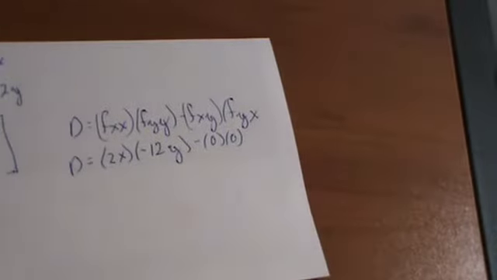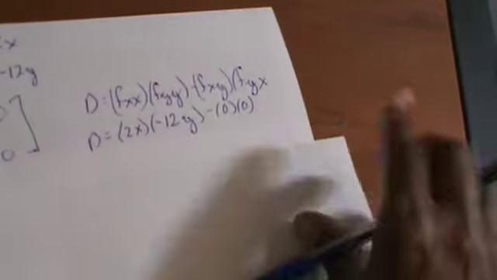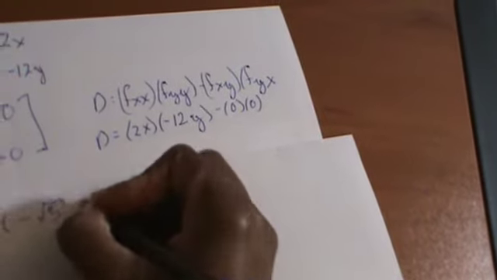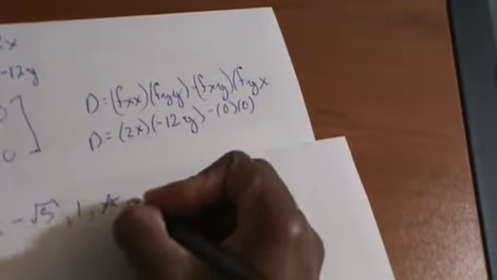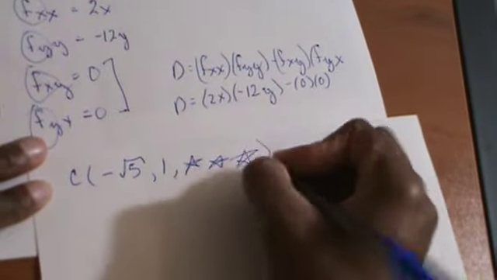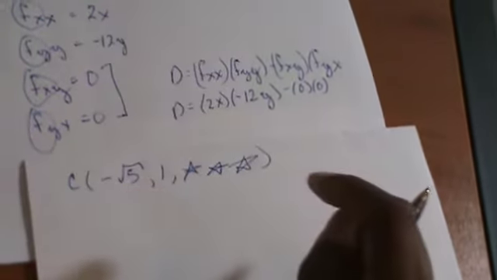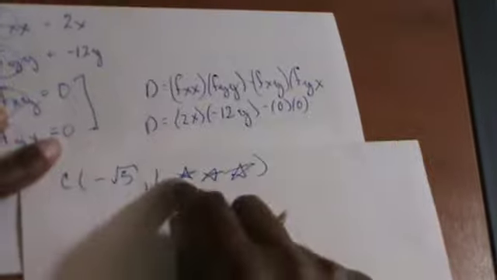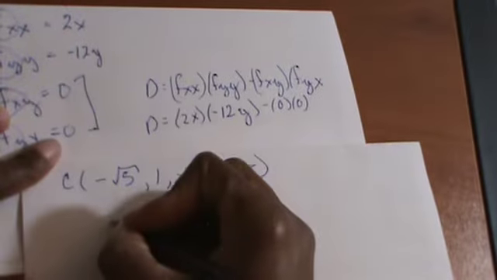Let me remind you what the point C is. C is negative square root of 5, comma, positive 1, comma, star, star, star. Of course, this comes from going back to your original equation. So there's C. Now we're going to plug this into the D formula.